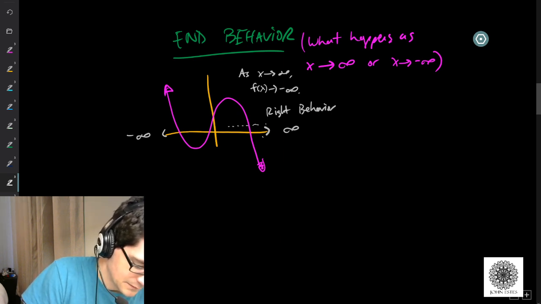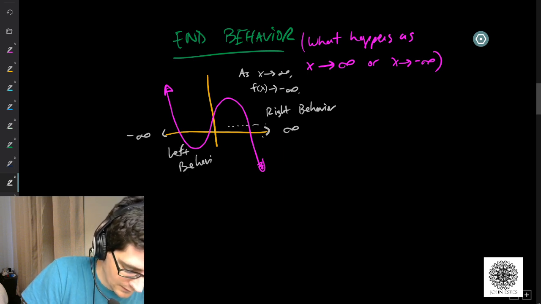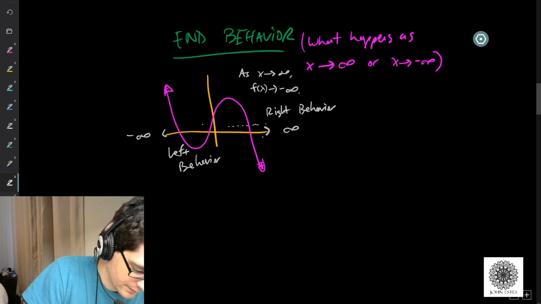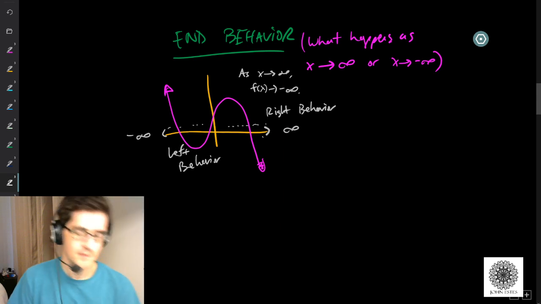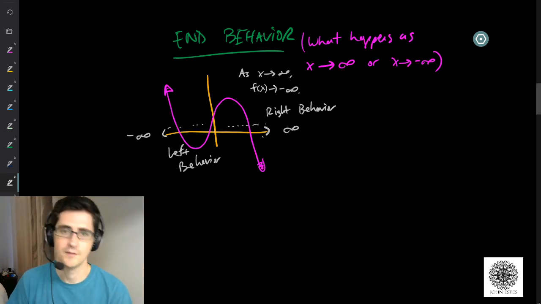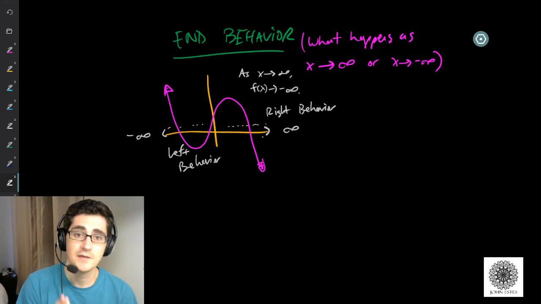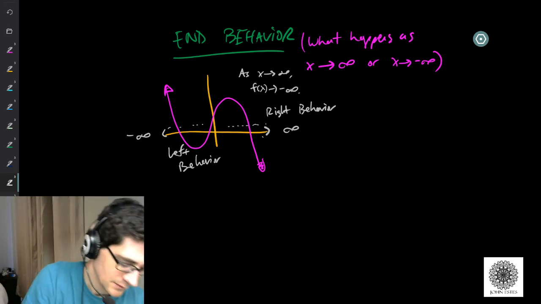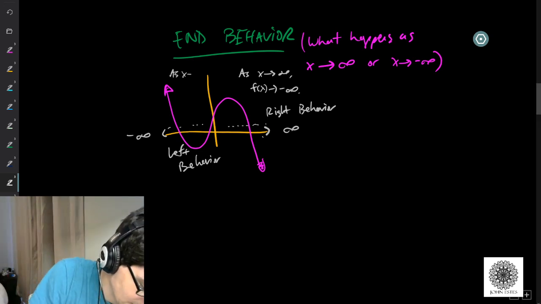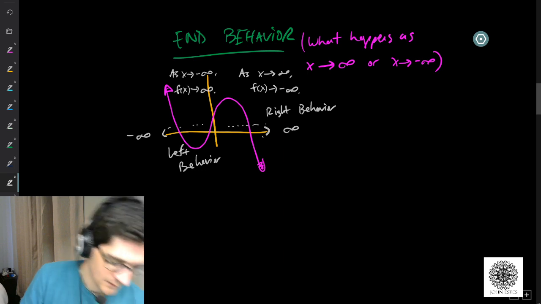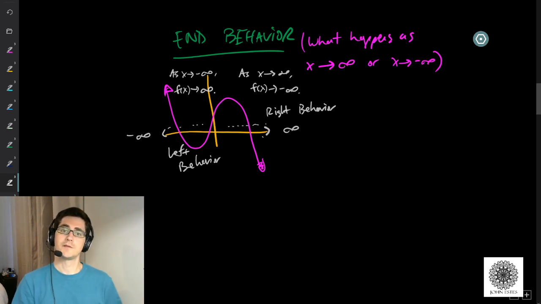Now on the left, what is going on? As x goes out this way towards negative infinity, what is my graph doing? Well, look at the graph. It just keeps going up. So here we can say as x approaches negative infinity, my function will approach positive infinity, and that's what the left behavior is doing.